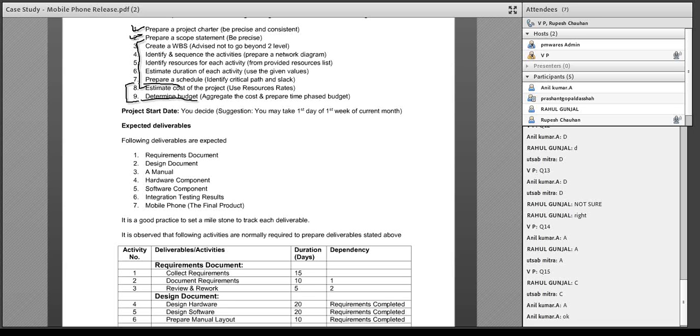You write the charter: why we are doing this particular mobile phone, why you thought of this kind of mobile phone, what is your main objective when you are developing it, what you want to achieve, market segment, profitability, an edge over the competitor, whatever your main objectives are.